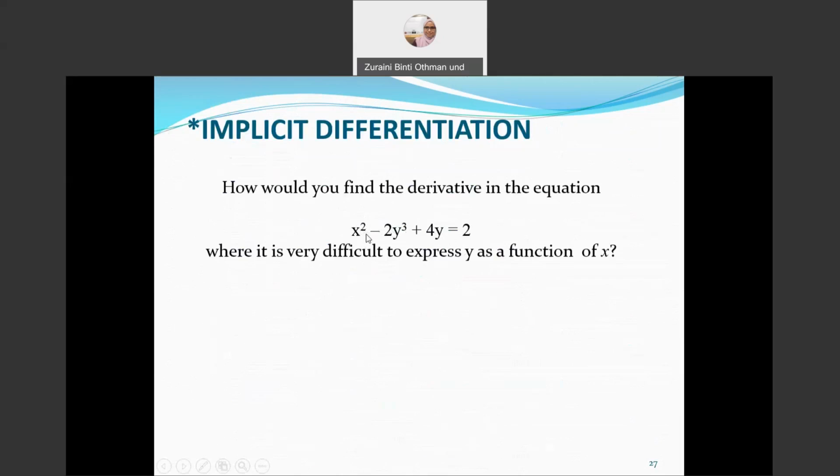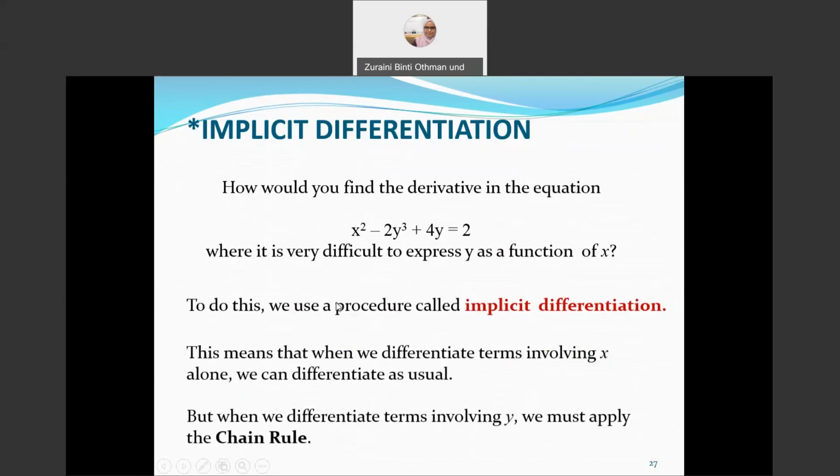We can see here we have x, then we have y also. For this, how can we find the derivative of this equation? This is what we call implicit differentiation. To do this, we use a procedure called implicit differentiation.